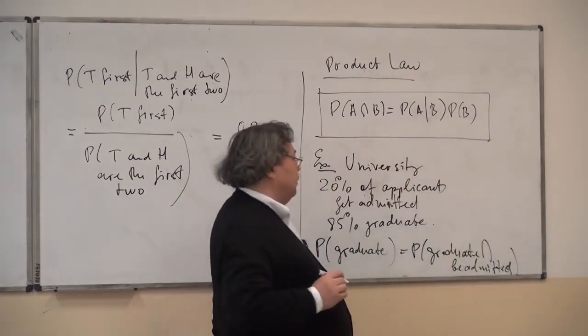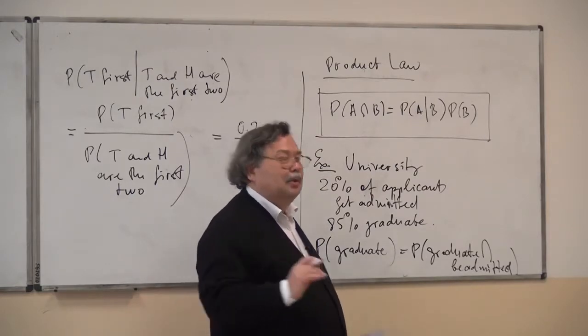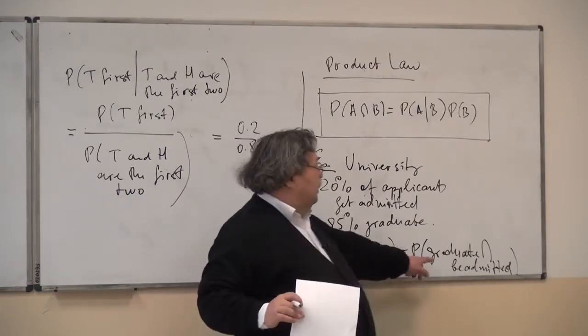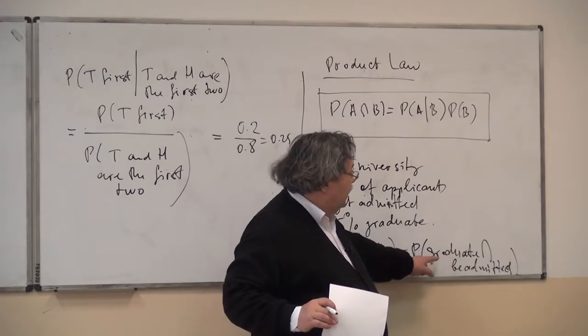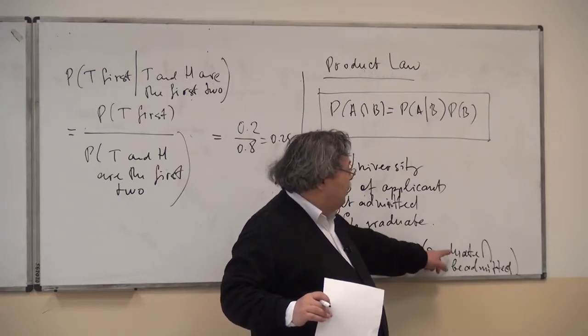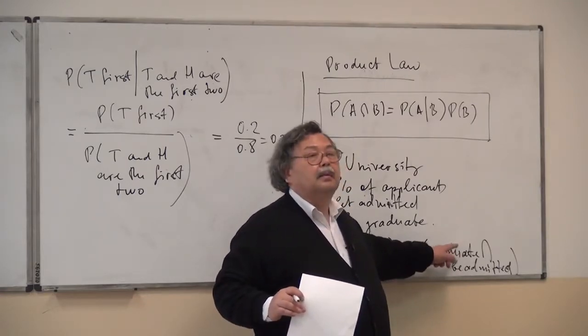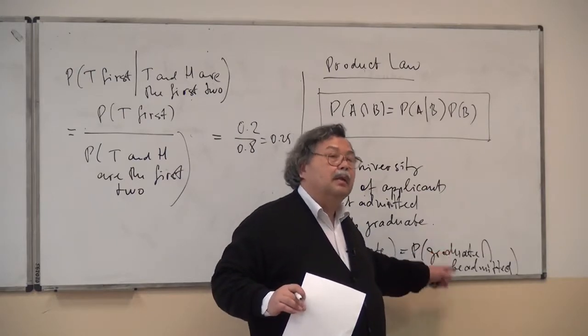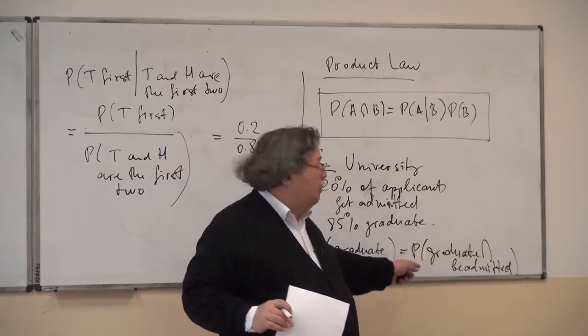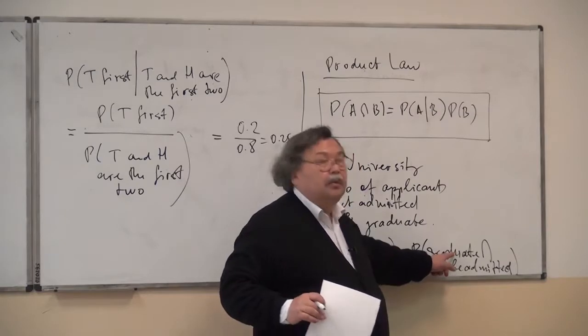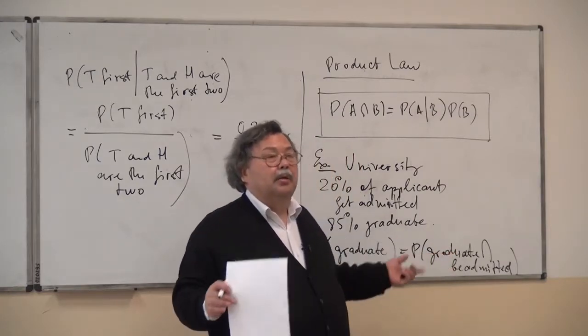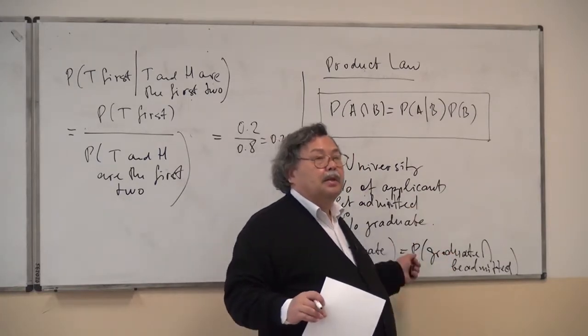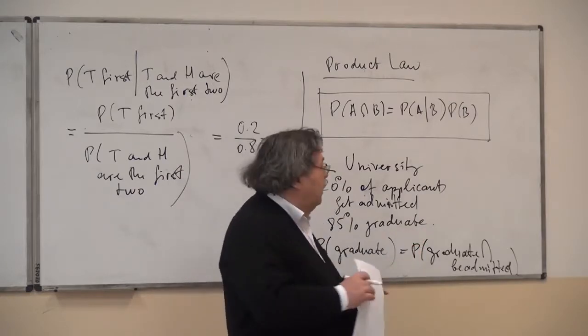I'm not famous for good handwriting, you know that. But in case somebody can't read it, it's the probability of graduating and being admitted. But because you cannot graduate unless you are admitted, it's the same as just graduating, okay?